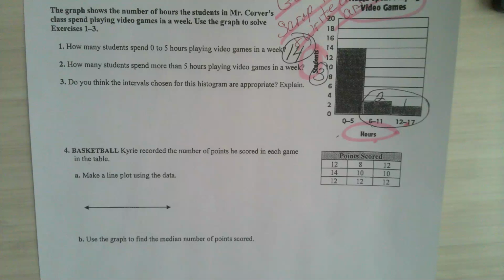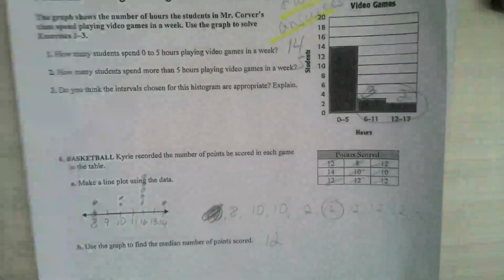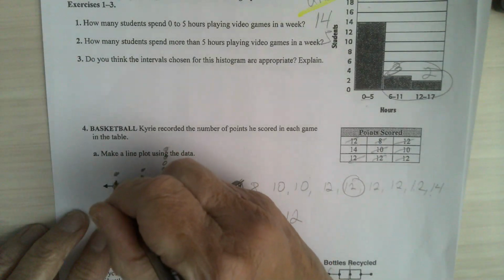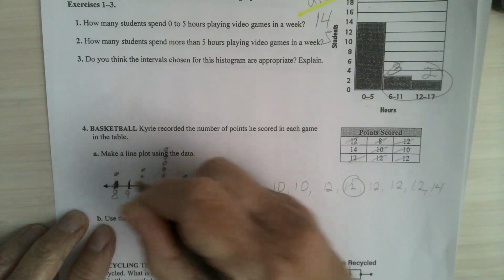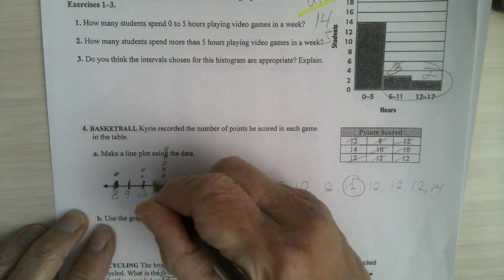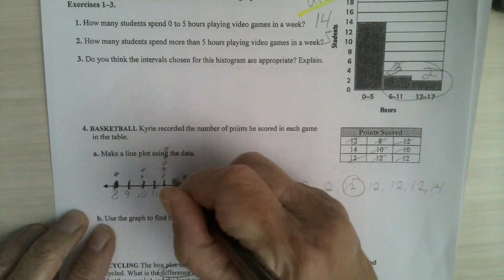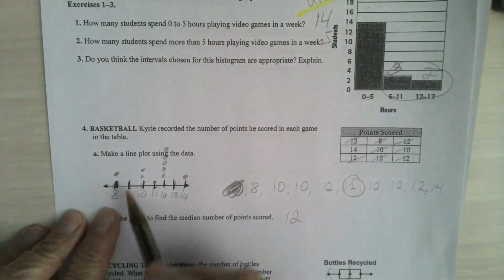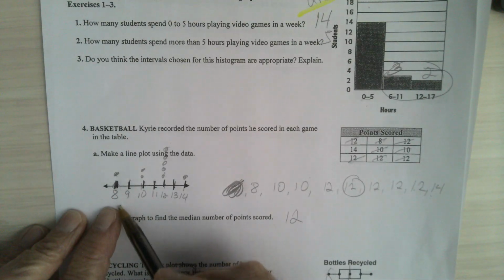Kyrie recorded the number of points he scored in each game in the table. Okay, so this kid makes a lot of points on his basketball team. So here I have my little graph of that. I started with 8. There's 8, 9, 10, 11, 12, 13, and 14. In one game, he made 8 points.